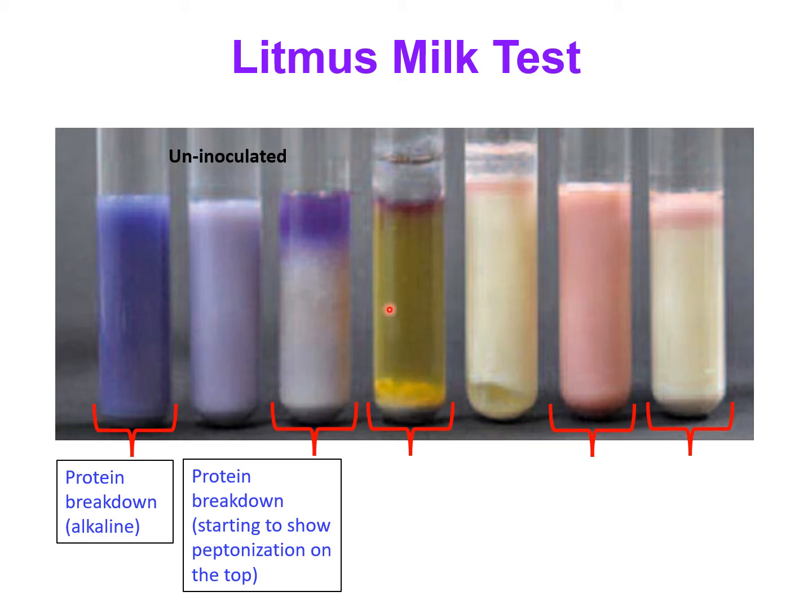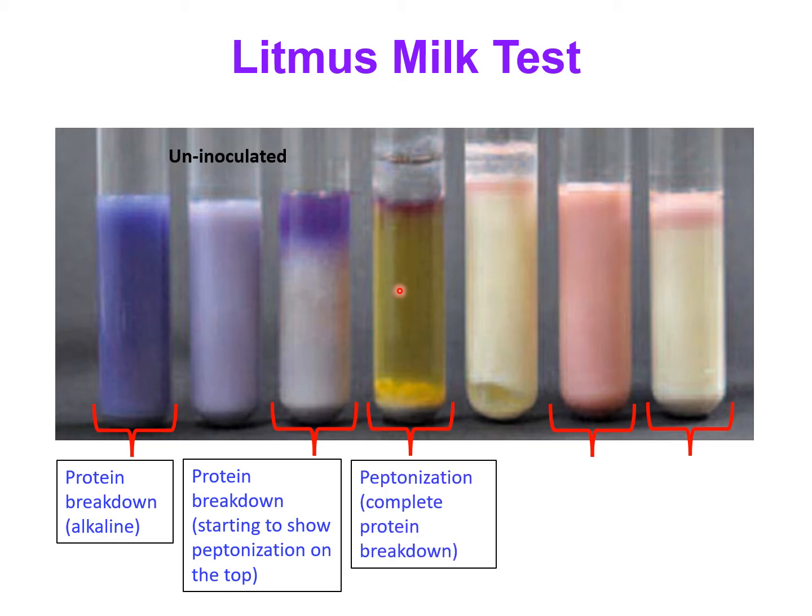But for you to say that, okay, I have complete breakdown of the protein and peptonization definitely took place and it's complete, as I said, you get this kind of straw color, right? And see how translucent it is compared to how opaque we started off with. And the reason why it's translucent now is because the protein now is completely broken down, okay?